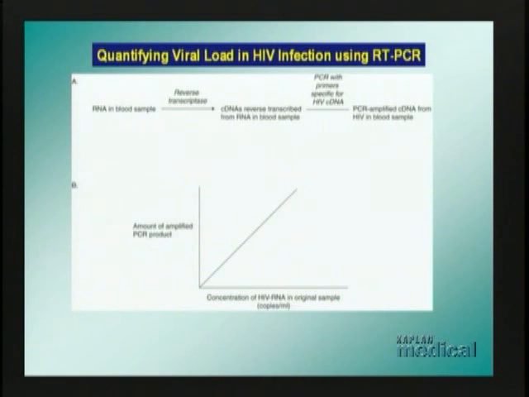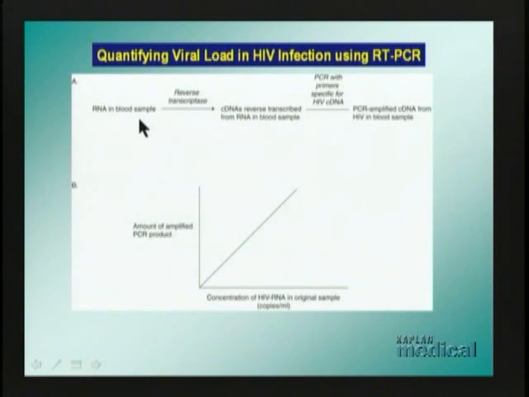And so what's done is to take somebody's blood, and if you want to determine the viral load, how much virus is present, you add reverse transcriptase, which will take the RNA and make complementary DNA, because reverse transcriptase takes RNA and makes DNA from that.